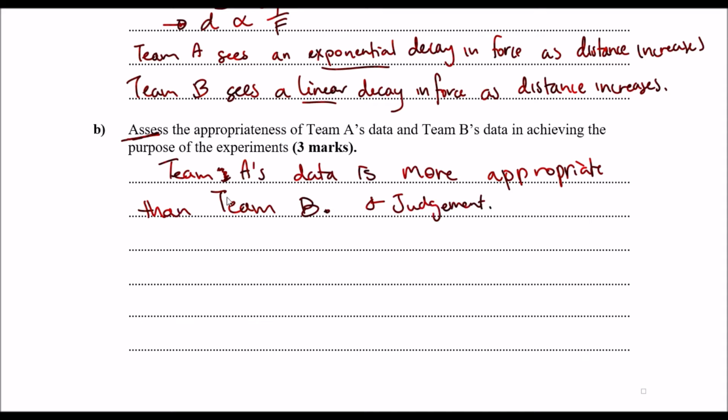Now the reasoning being, as we said before, Team A has a bigger range, right? So Team A's data has a larger range of distances used.